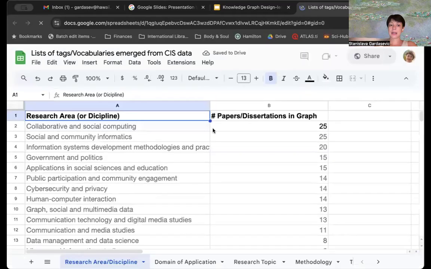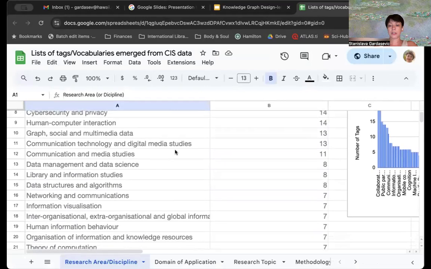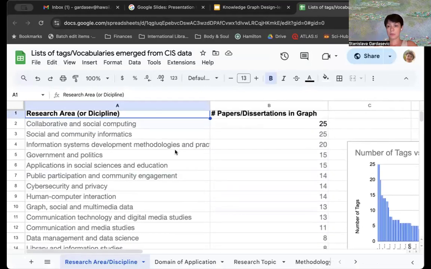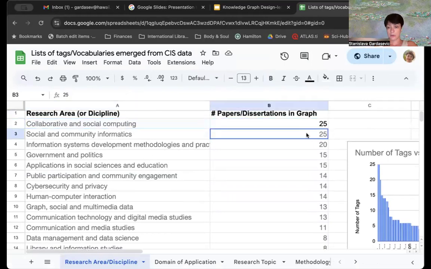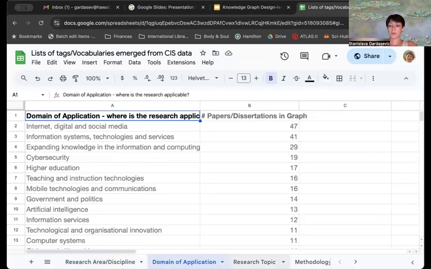So I would ask them to find the categories of their interest in these vocabularies that came out of this research. These are the tags. So for example, this is the discipline or research area, and this is how many of the resources were tagged with it. So based on that, we would do exploration.